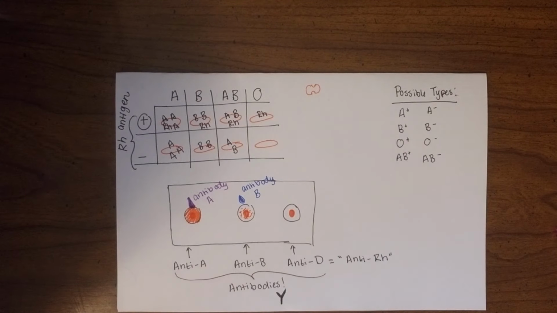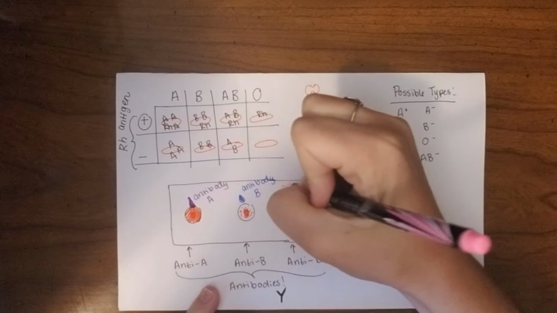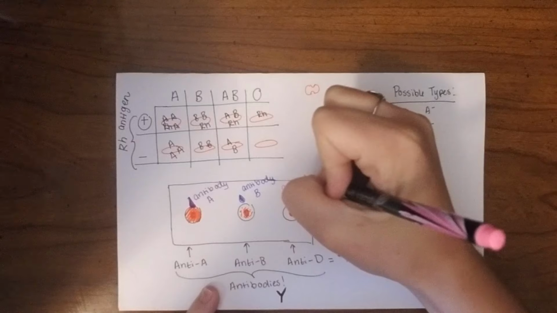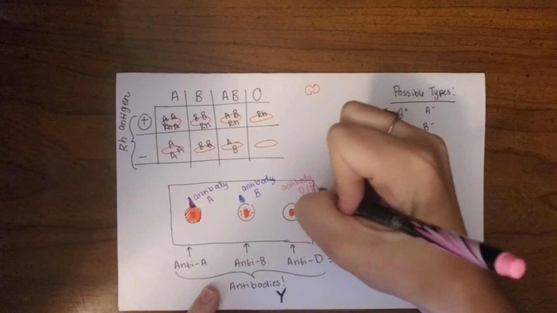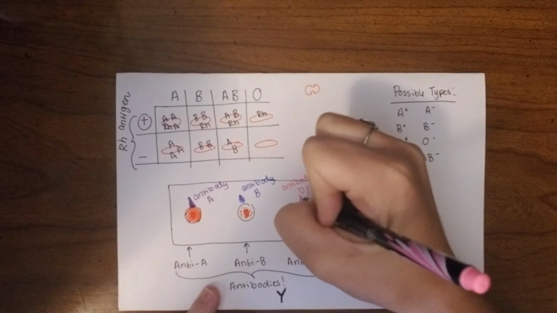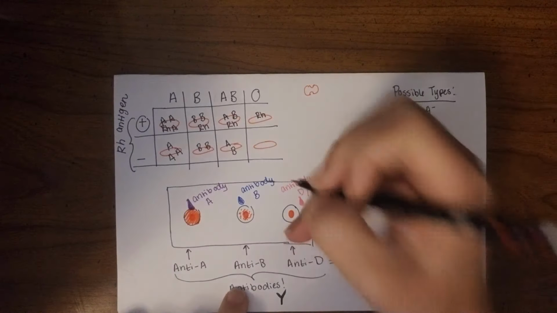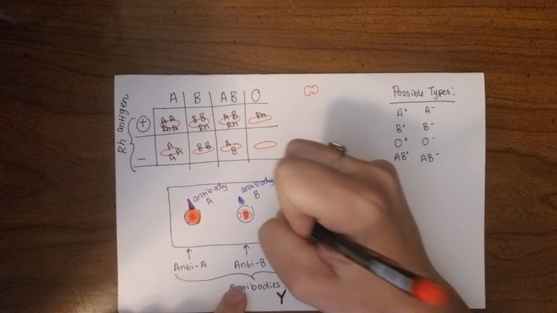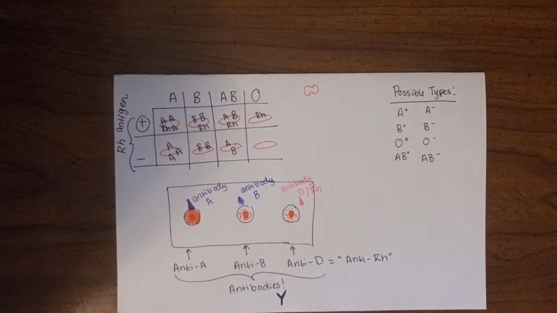Then, when you put antibody D or antibody Rh, right? It's the same thing. You also saw speckling. Okay, so the first thing that we need to talk about is what does the speckling really mean?